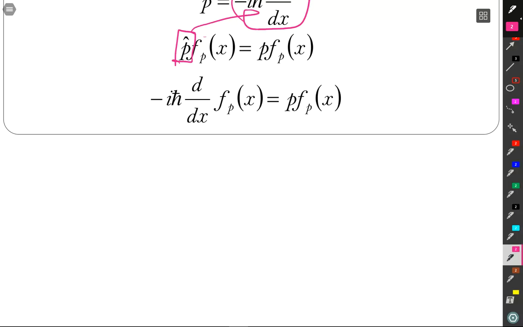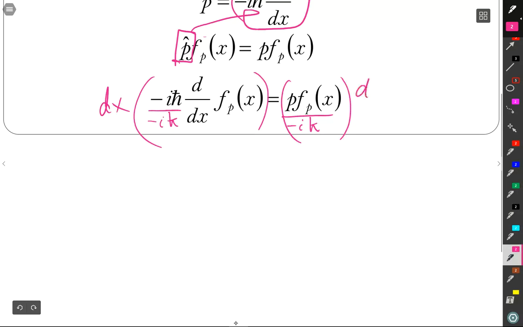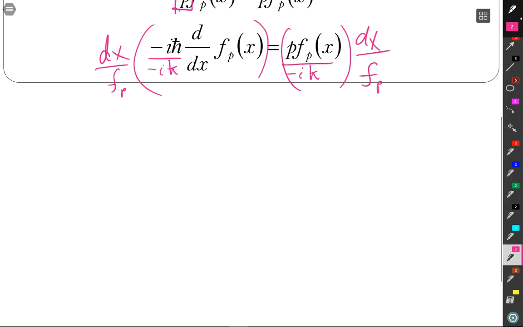And so to separate variables, I'm going to divide both sides by minus i h bar, multiply both sides by dx, and divide both sides by f sub p. And I'm not going to put the parenthesis of x. So that's three different math steps in one, just to make my life easier.